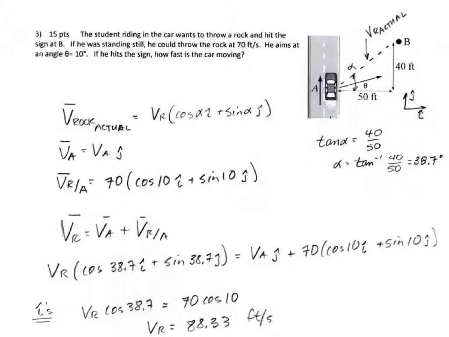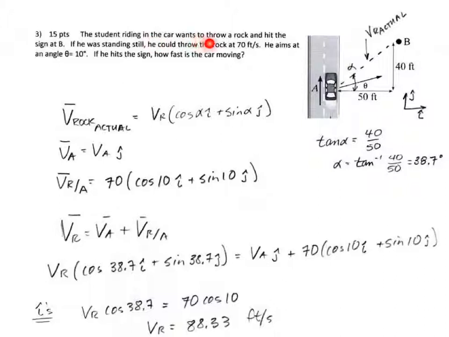So the velocity of the rock, actual, is going to have this cosine component in the i direction and sine component in the j direction. That angle alpha, if we did that tangent there, is 38.7. We don't actually know the magnitude, the v_R here, but we do know the direction. The car only goes in that direction, so clearly the velocity of A is going to be in the j direction.